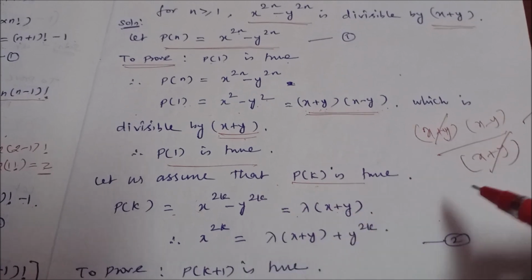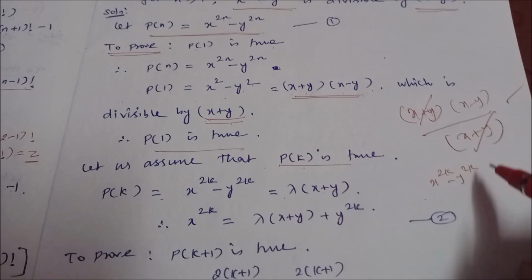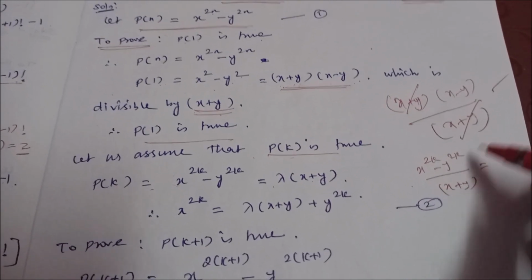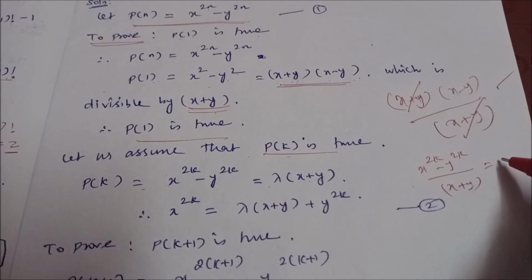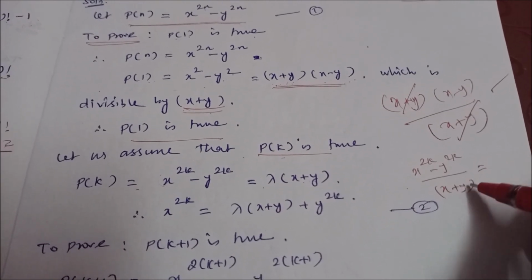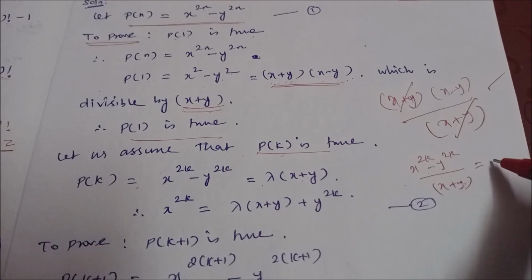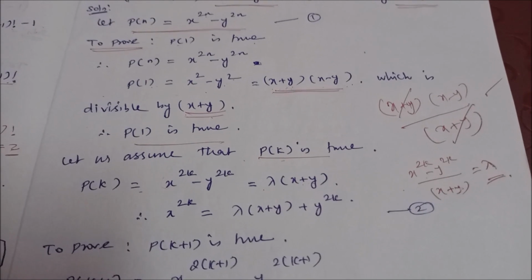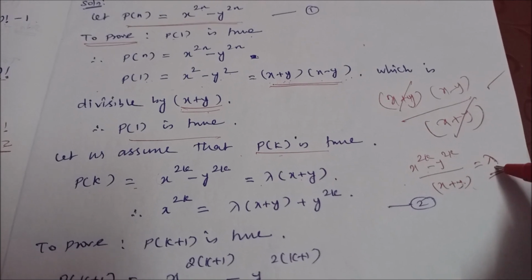So (x^(2k) − y^(2k)) divided by x + y equals some value, the quotient. This value I don't know, so it is an unknown value. Take the unknown value as λ.